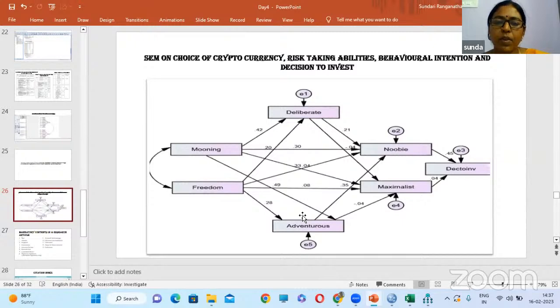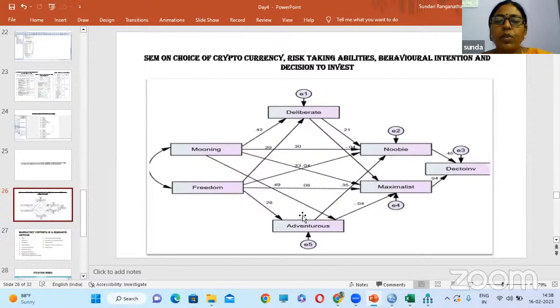And then those who are taking deliberate risk, their intention to use cryptocurrency, their newbie influence is 21%. When it comes to freedom from control to newbie, it is only 4%. And then mooning to crypto maximalist, I have measured the maximum possible without taking risk, without even bothering about their risk-taking abilities, straight away measuring what is their interest.